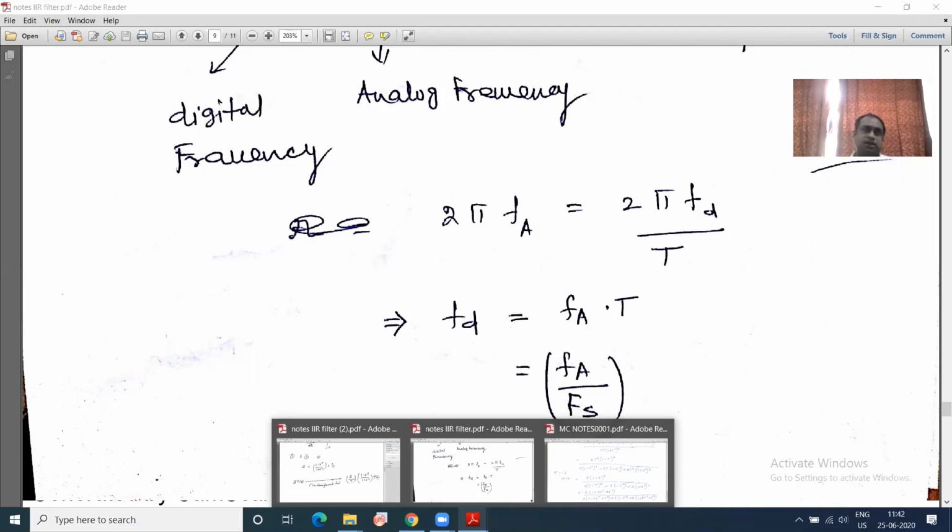I didn't mention that modification over there because I hadn't derived the relationship there. So you can expect such a modification in FIR filter design: directly the digital cutoff frequency may not be given, but the analog cutoff frequency and sampling frequency may be given, and from that data you can find the digital cutoff frequency.